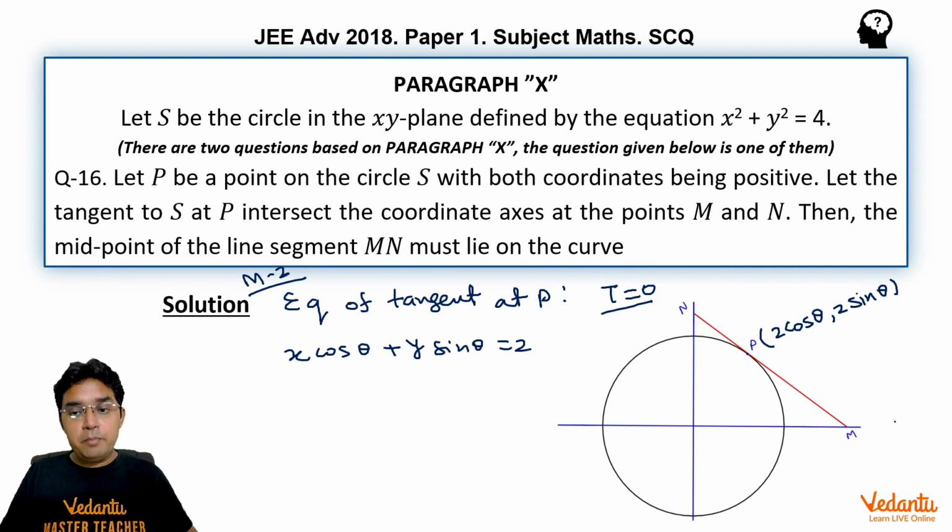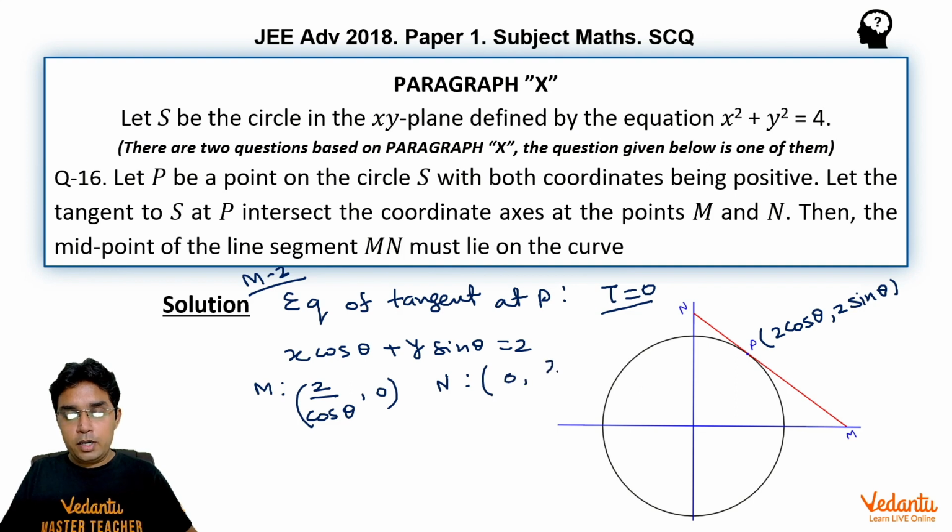Now this line meets the x-axis at M and the y-axis at N, so we can write the coordinates of M by putting y equal to 0. So this M will be 2 upon cos theta comma 0, and this N point will be 0 comma 2 upon sin theta.